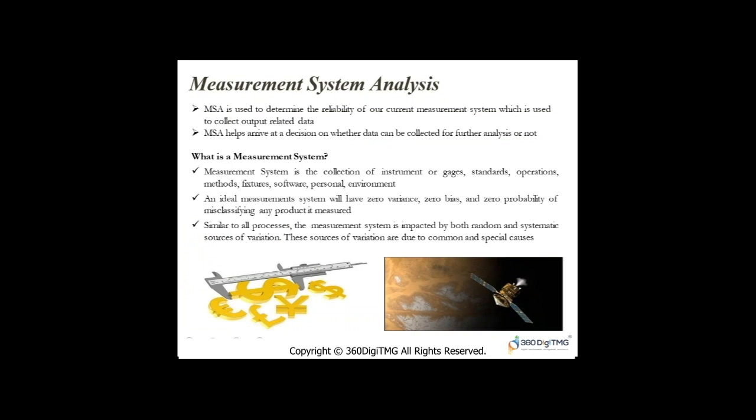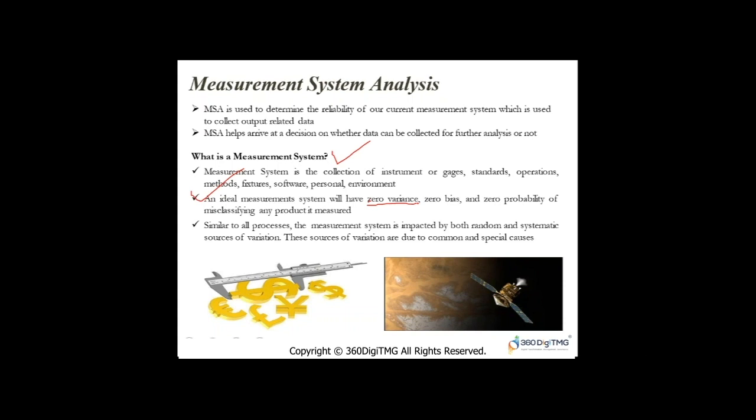All right. Let us look into this. What is a measurement system? Measurement system is a collection of instruments. It's a collection of gauges. It is a collection of standards, operations, methods, software, environment, fixtures, personnel, and all that. And remember this, an ideal measurement system will have zero variance. There would not be any deviation, right?